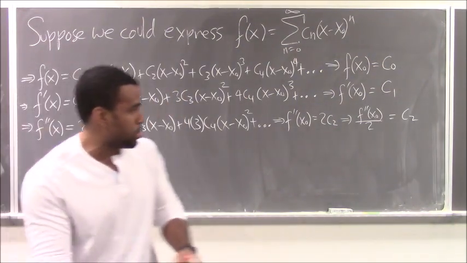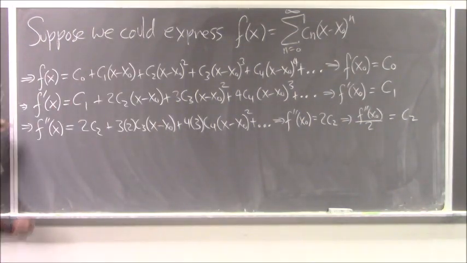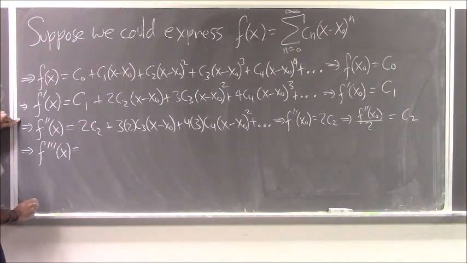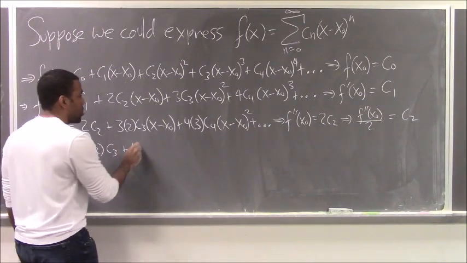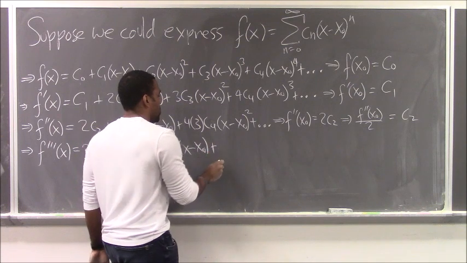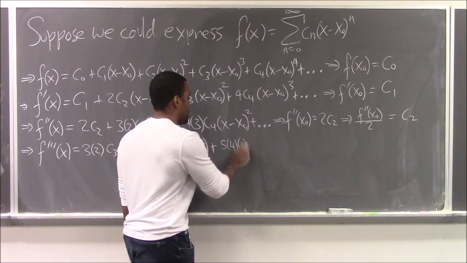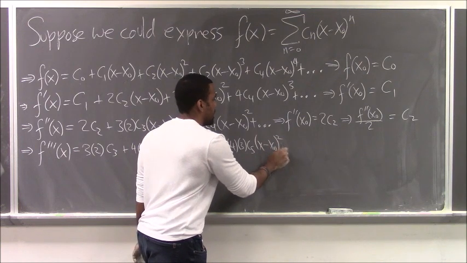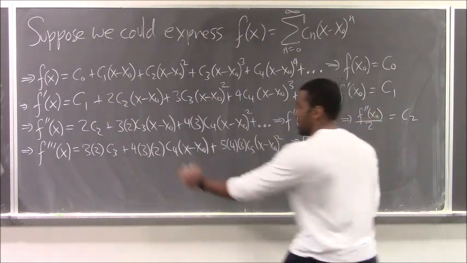But I want you guys to be able to see a pattern. So I'm going to do one more derivative and see if you guys can tell me the pattern. If I take the third derivative, this guy's going to die. I would have 3 times 2 C3 plus 4 times 3 times 2 C4 plus 5 times 4 times 3 C5 (x minus x naught) squared, dot dot dot. f triple prime evaluated at that point is going to kill all of these guys.